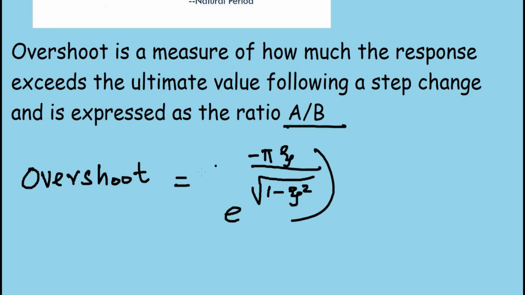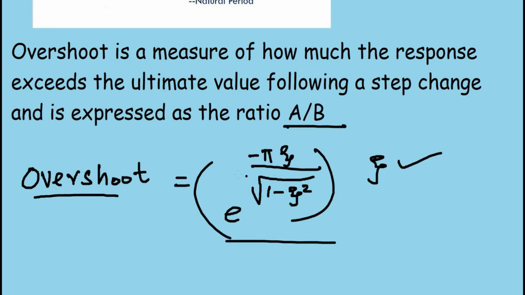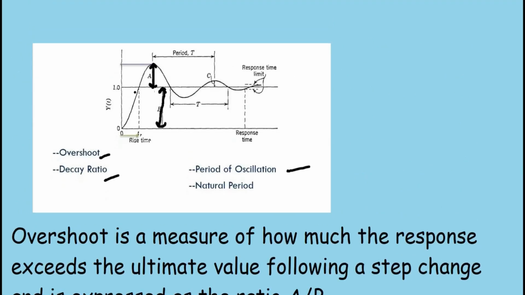This is the direct way of calculating overshoot. If I know the decay ratio zeta, then I can easily calculate the overshoot using this expression, that is overshoot equals e power minus pi zeta divided by root 1 minus zeta square. So this is equal to A by B.